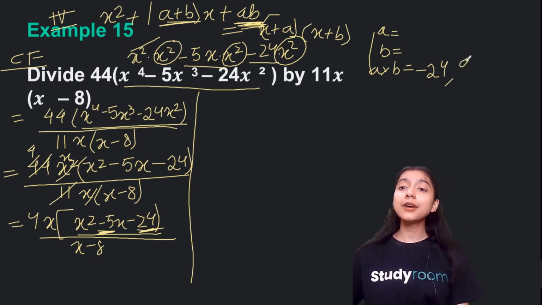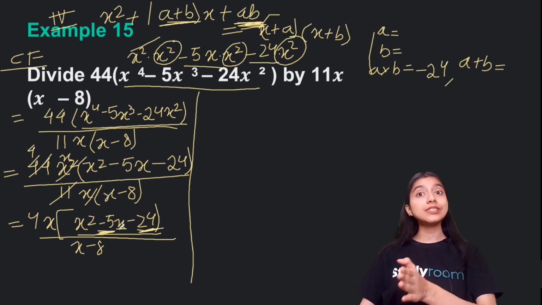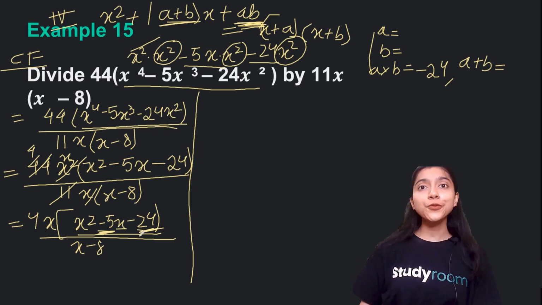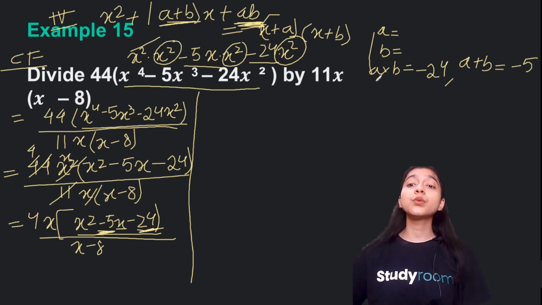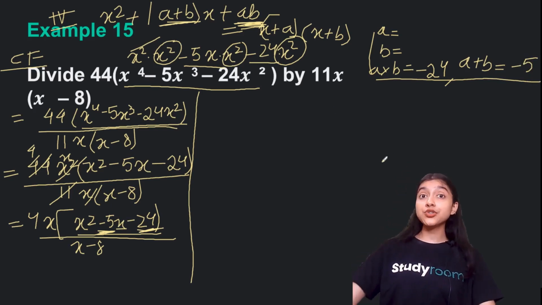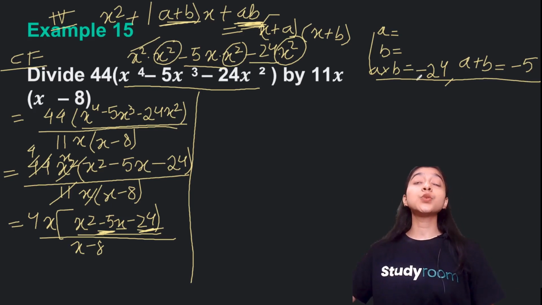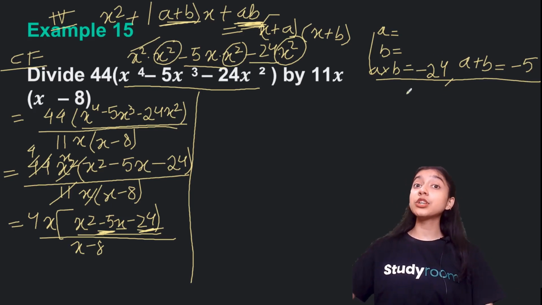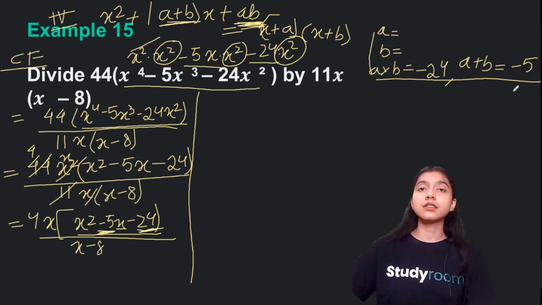And its sum, that is A plus B, should be equal to the coefficient of this x. Coefficient of x means the term preceding x is minus of 5. So this sum should be equal to minus of 5. This is a very important thing that you need to remember in this fourth identity, that the product should be equal to the numerical component, and the sum of this A plus B should be equal to the coefficient of x.